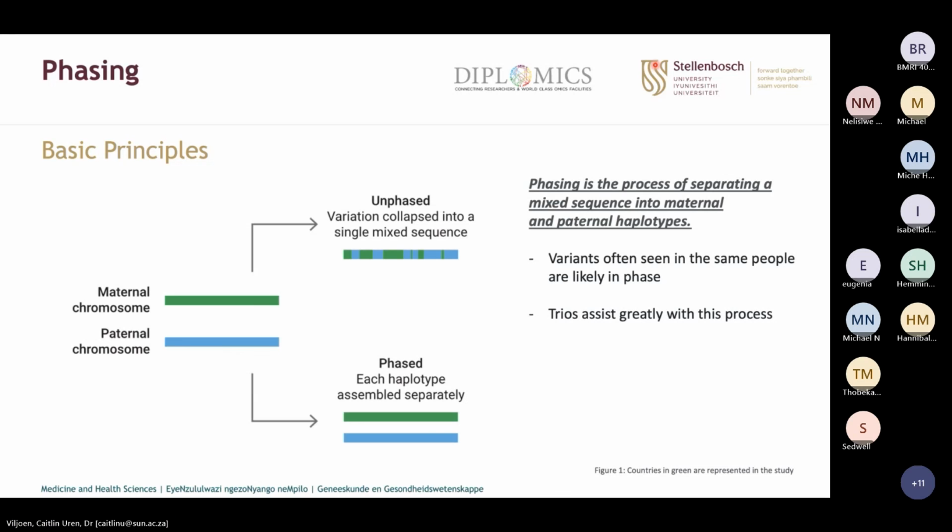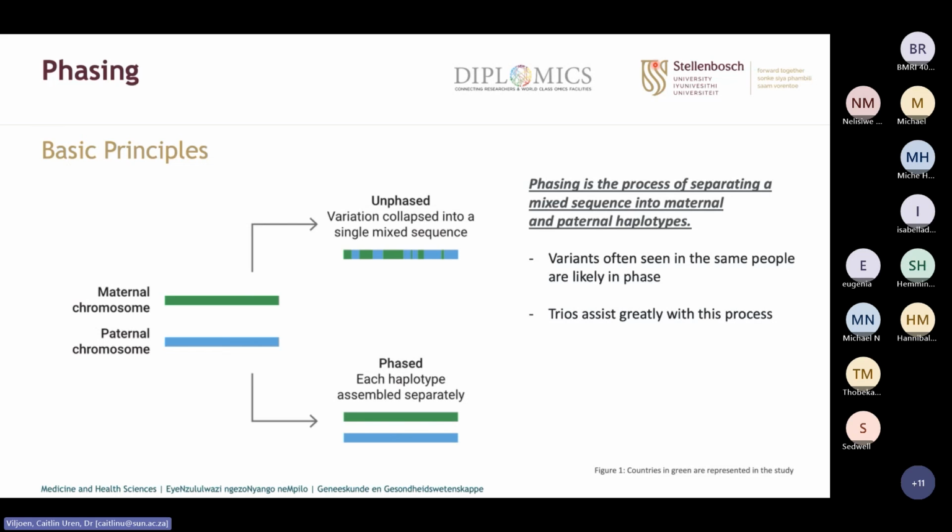Phasing. So as I've alluded to, you can do pre-imputation phasing or post-imputation phasing, but we'll get to that now. Let's just discuss what phasing is. So you have a maternal and a paternal chromosome. In what you find day to day in your genotyping data is unphased data that is collapsed into a single mixed sequence.